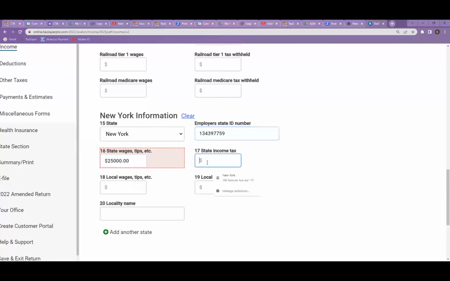The state income tax withheld, box 17, is $496. Round up, guys, to the nearest dollar. That's why we're putting in whole dollars. Okay, local wages, $25,000 on box 18. Box 19, again rounded up to the nearest dollar, guys, $230. This rounding up, you should do the same thing on the checklist too, of everything. Okay, locality is New York City.